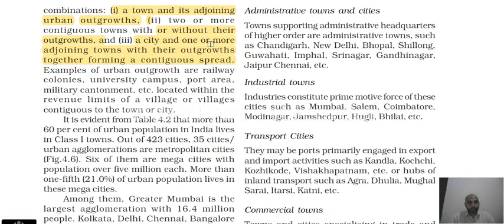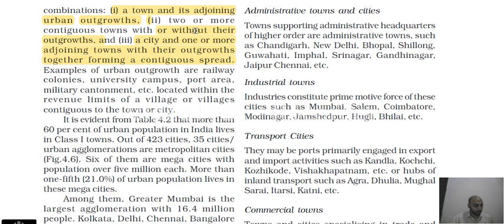Okay, so this was about urban agglomerations, and most of the urban agglomerations are in the form of metropolitan cities and mega cities like Delhi, Mumbai, Kolkata. If you visit page number 37 in your book, you will find in table 4.3 that we have around 53 urban agglomerations in India according to census 2011.